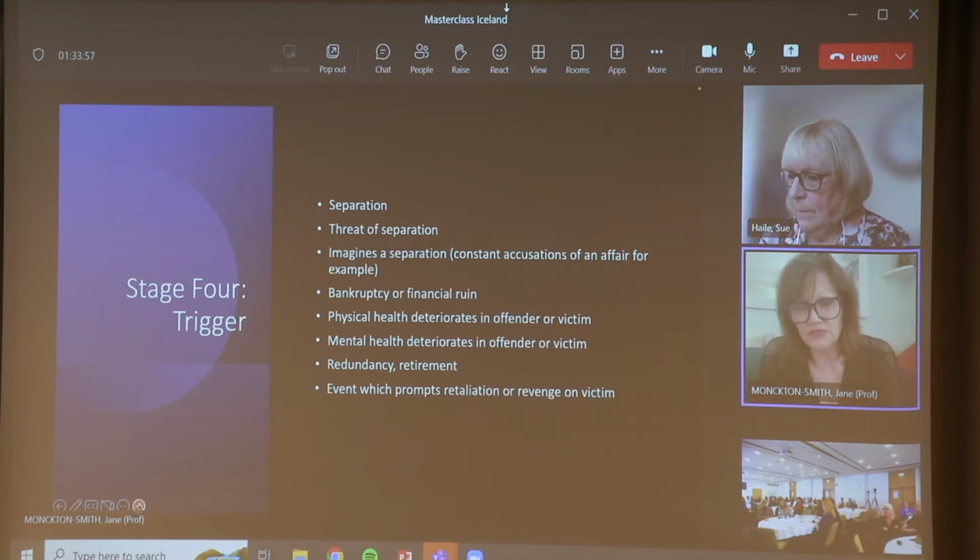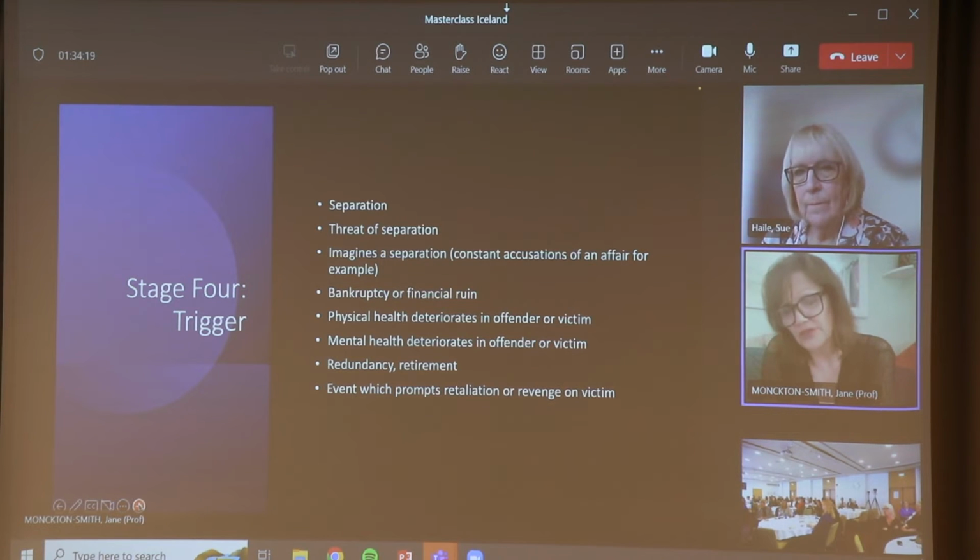Life changes like redundancy or retirement, where the two are perhaps spending a lot more time together. And I think importantly, the victim is not getting any respite from the abuse. That can change the whole dynamic of what's going on.